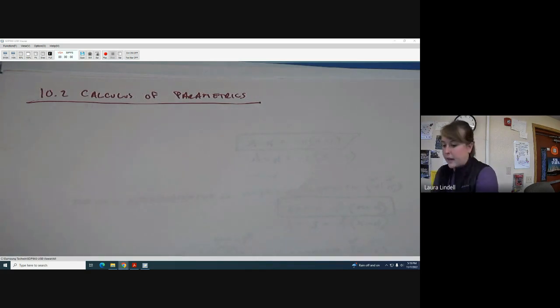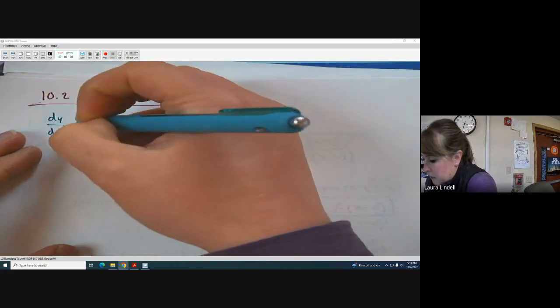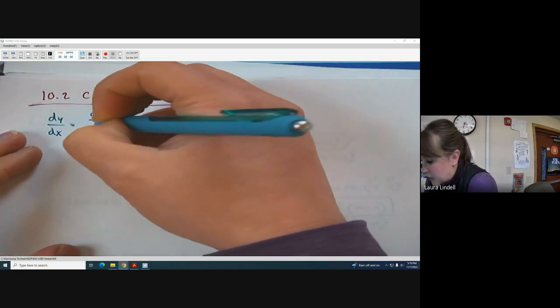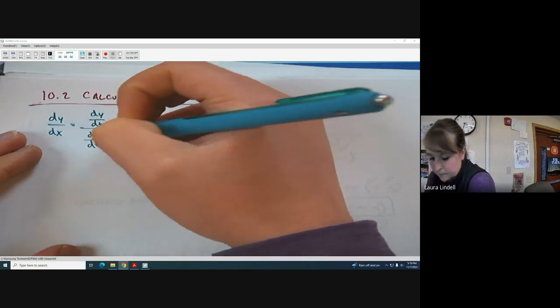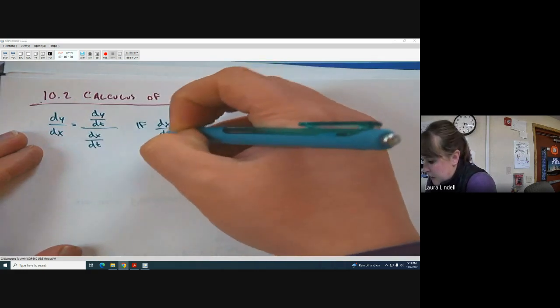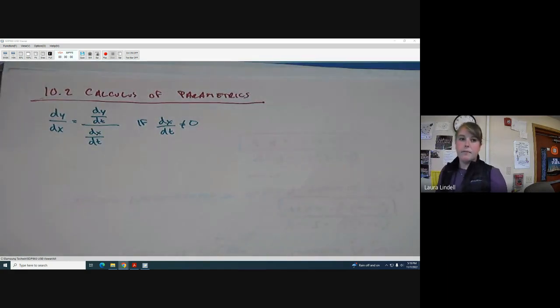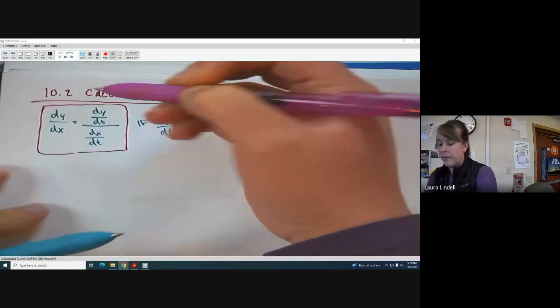If I'm going to take dy/dx for a parametric, it's just going to be dy/dt over dx/dt, as long as dx/dt is not 0. All right, so that's the first derivative, and that's something that we need to know and remember.